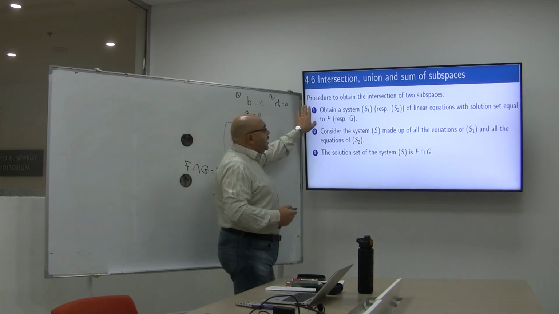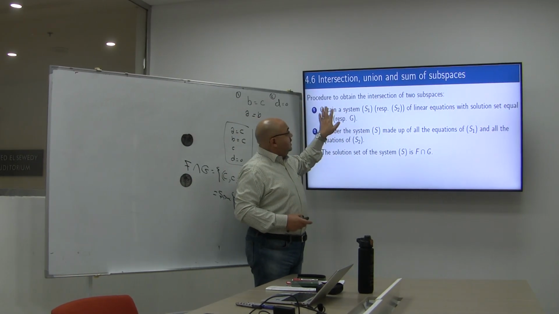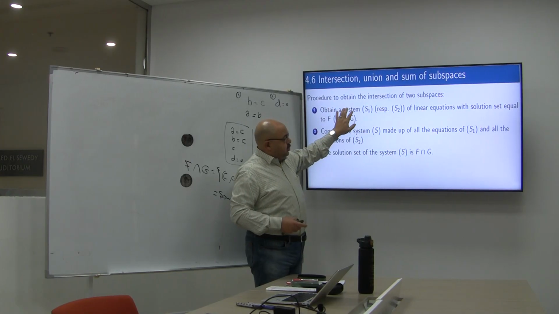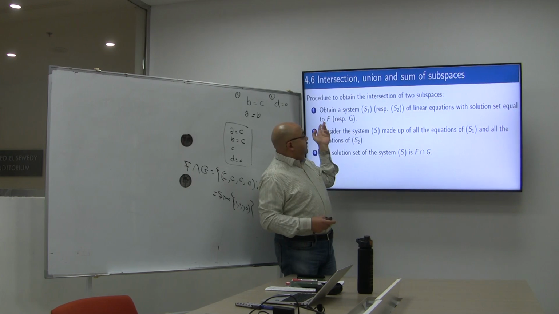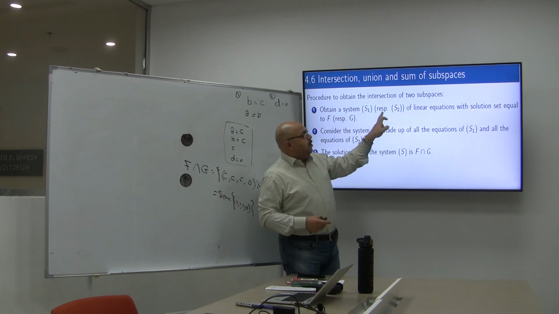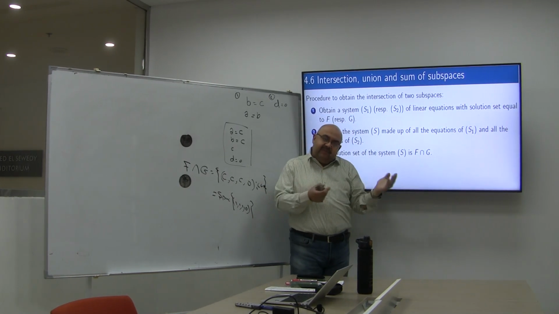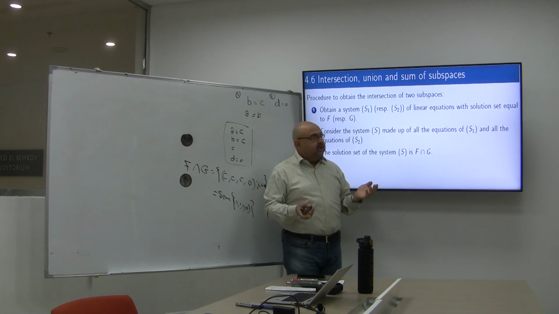Procedure to obtain the intersection of two subvector spaces. First of all, obtain the system S1 of linear equations with solution set equal to F. Same way if you are working with S2, because you will have first set and second set. This is how to get the intersection.